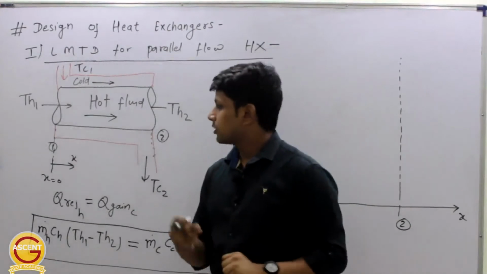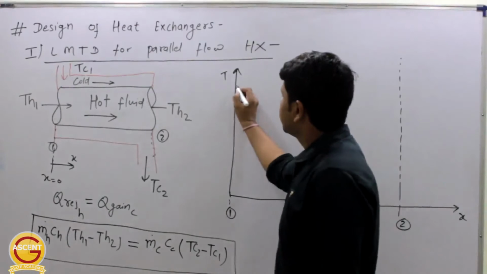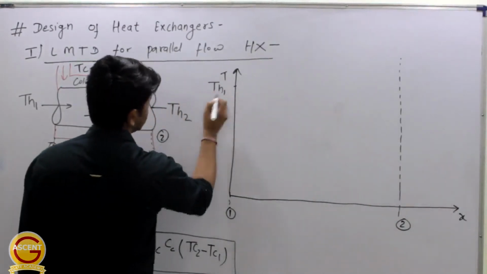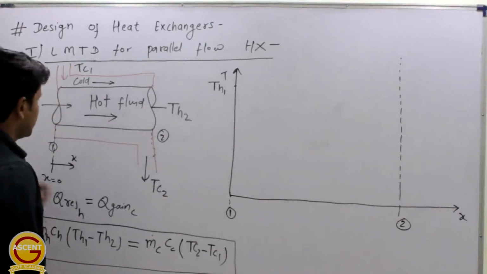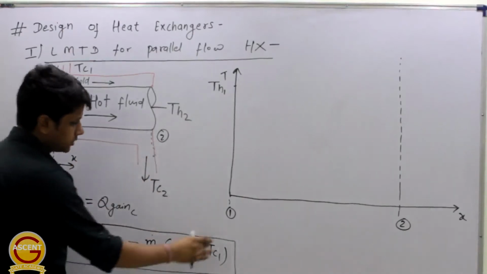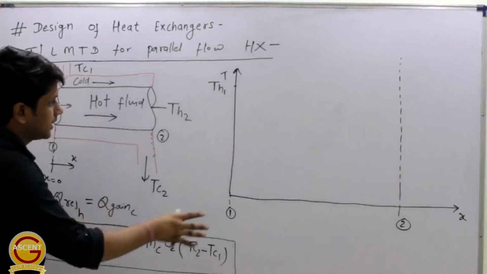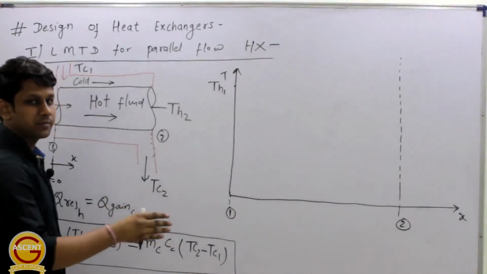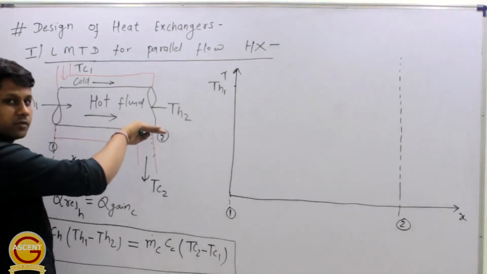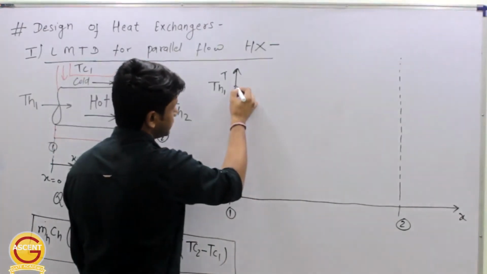So let's say somewhere here is TH1. The fluid flows in this direction, from 1 to 2, and the temperature of the hot fluid will decrease with respect to x. That decrease we have seen is exponential. So let's draw that.